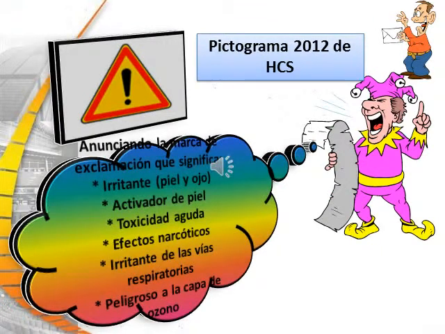The pictograph which is the exclamation mark, a new symbol just introduced for this standard, means an irritant, a skin sensitizer, acute toxicity, narcotic effects, a respiratory tract irritant, and is hazardous to the ozone layer.